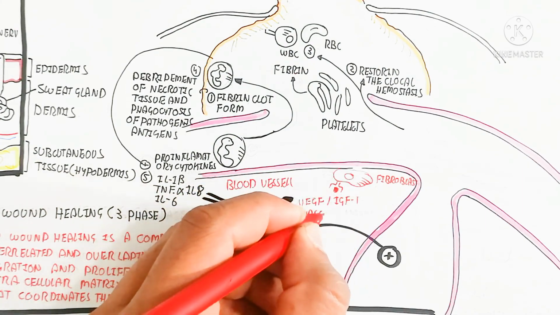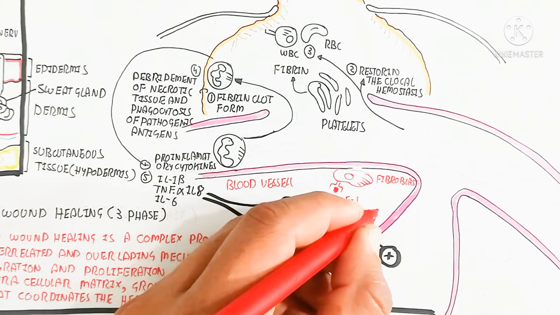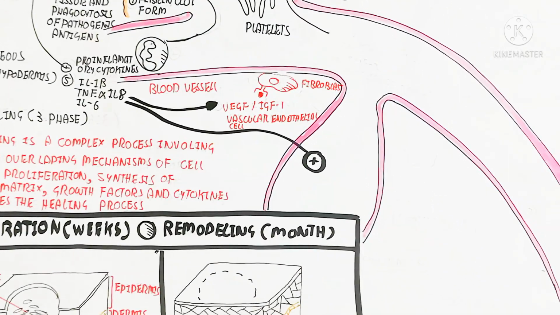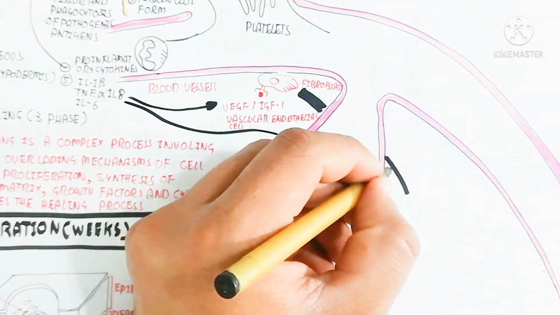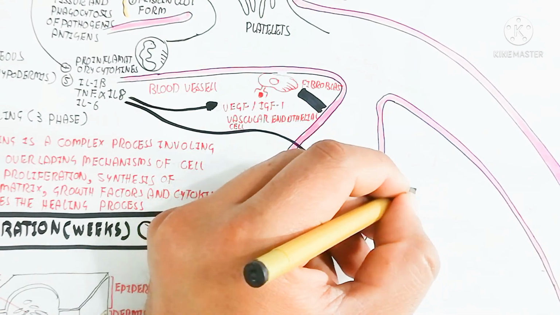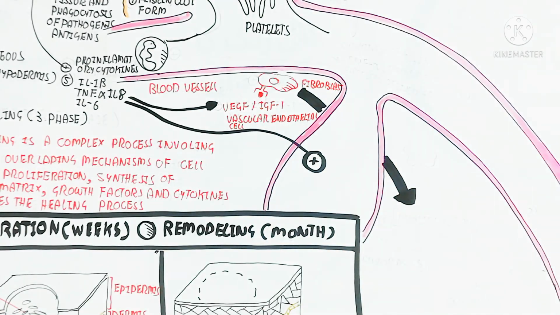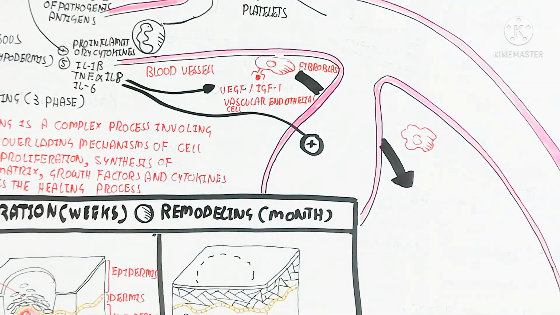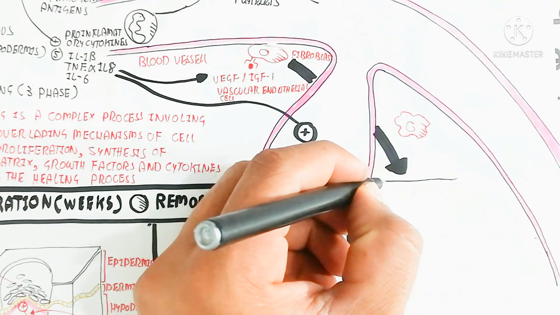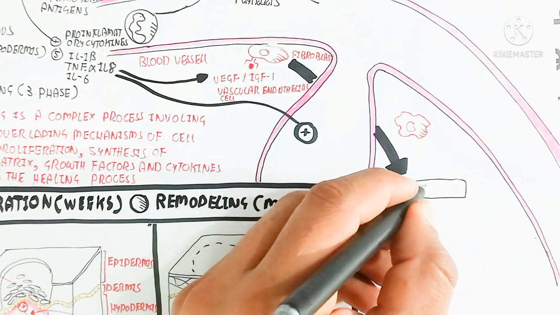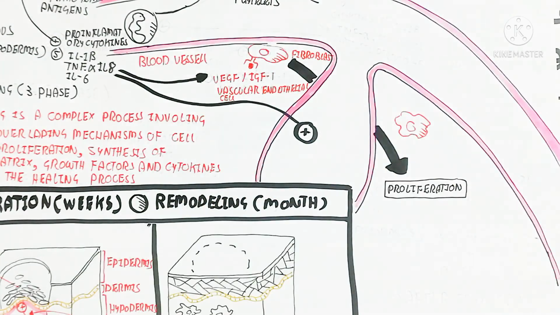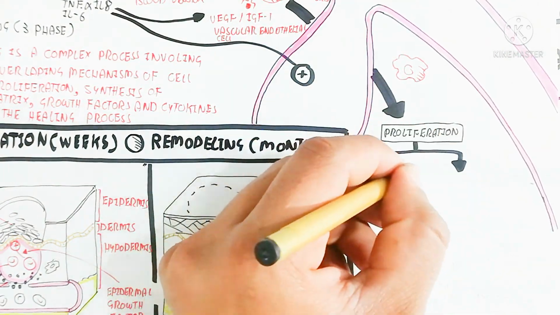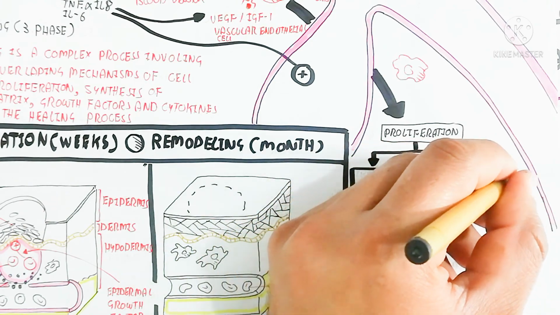On the other hand, many growth factors will be produced from the neutrophil, basically vascular endothelial growth factor and insulin-like growth factor, which will bind the vascular endothelial cell and bind the fibroblast. After fibroblast binding, proliferation will occur, collagen formation will occur, and maturation will occur to deposit into the subcutaneous tissue as well as the dermis.